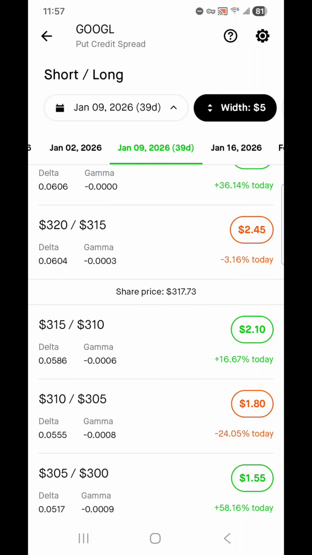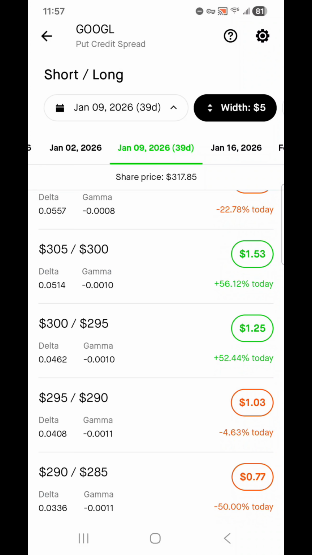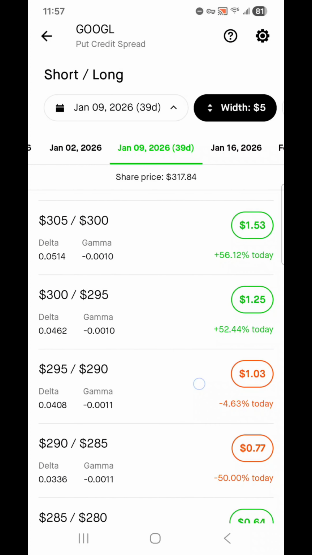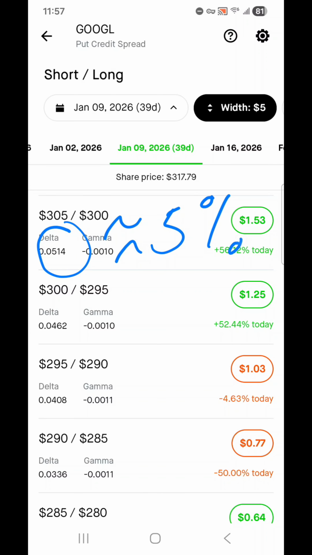Right now, the share price is around $318, and we are going to scroll down until we find a delta that looks good. So I'm looking for 5% or better. So what that means is this delta is about a 5% chance of this position moving against us.